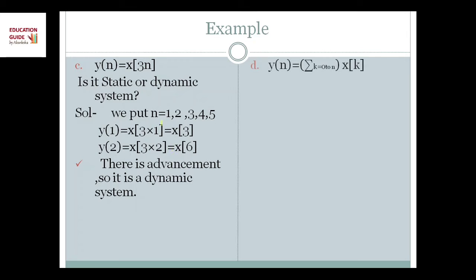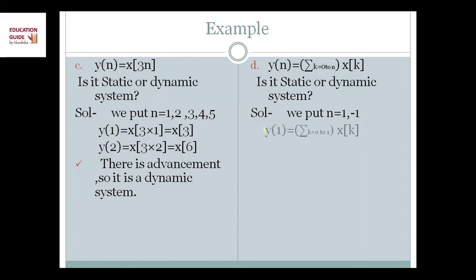Next example is y(n) = summation of k = 0 to n of x(k). Is it a static or dynamic system? We put n = 1. y(1) = summation k = 0 to 1 of x(k), so we get x(0) + x(1).